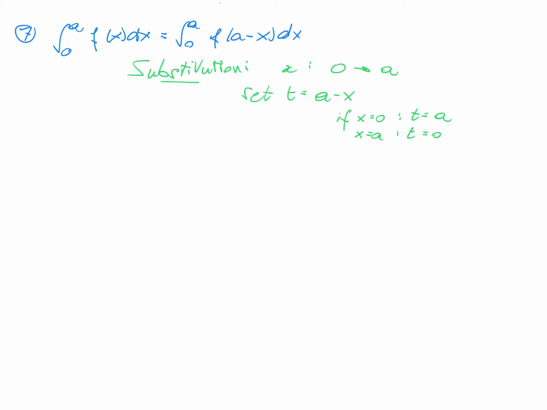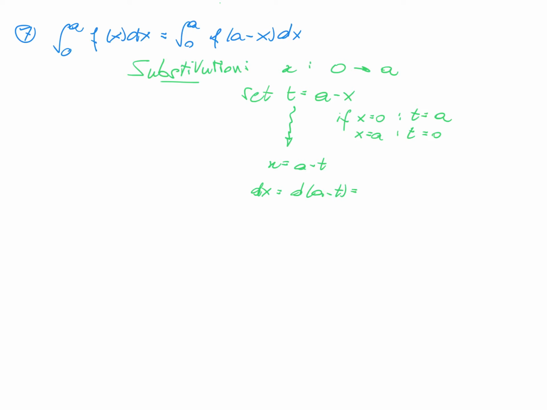Furthermore, I have to see what happens with my differential. So t is a minus x. This also means that x is a minus t. And so dx, the differential of x, is the differential of a minus t.